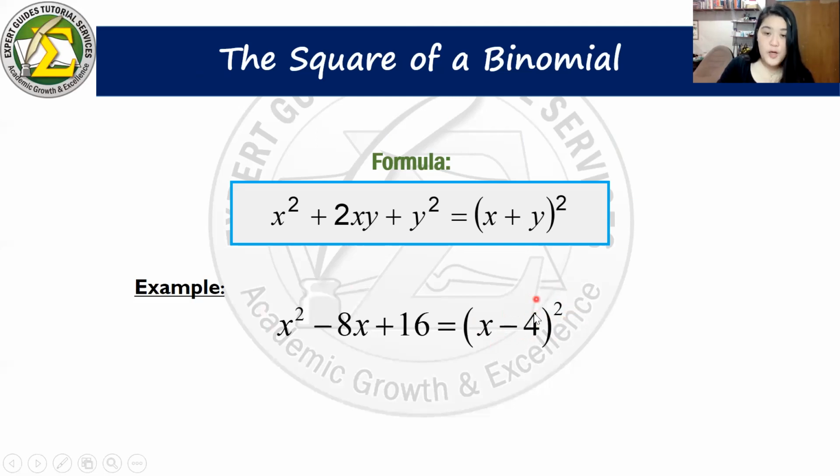So twice the product of the first and last term, or 2xy. Therefore, we get negative 4x times 2 is negative 8x. And then lastly, we're going to square the last term. So we have negative 4 squared. So negative 4 times negative 4 is equal to positive 16.